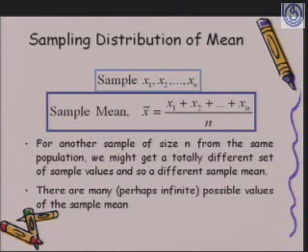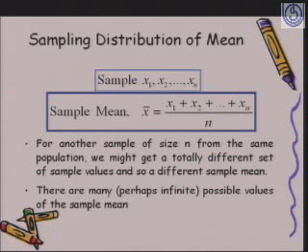Now you can see the slide which defines the sample mean. We have named it the sampling distribution of mean, and we have already denoted the sample by the values x1, x2, ..., xn.